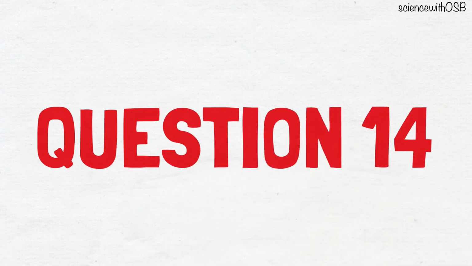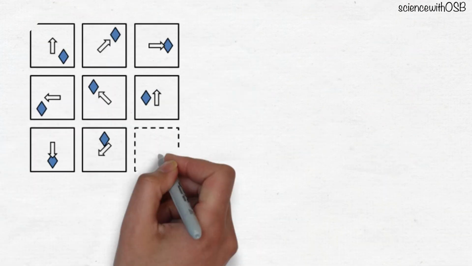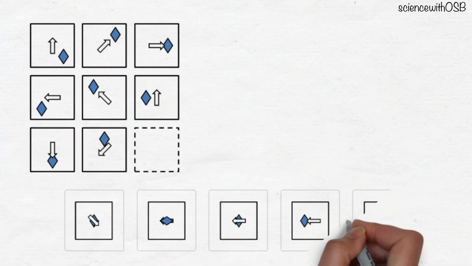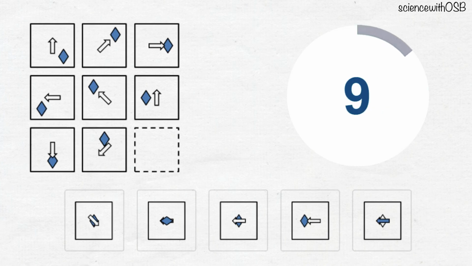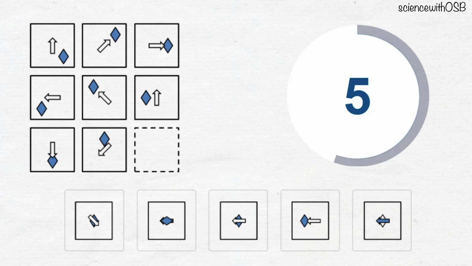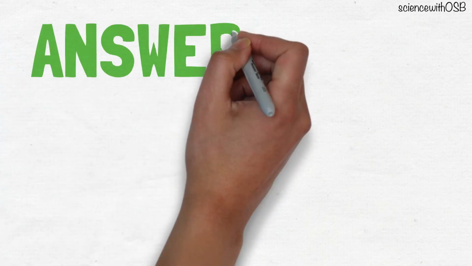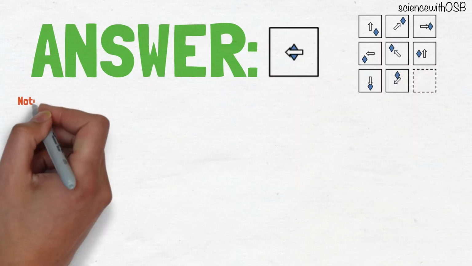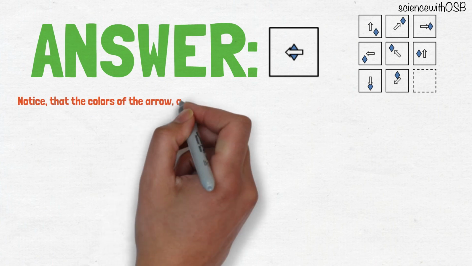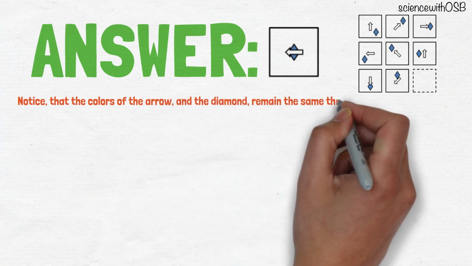Question number 14. Observe the matrix closely. Here, the correct answer is option 3. Notice that the colors of the arrow and the diamond remain the same throughout the matrix.